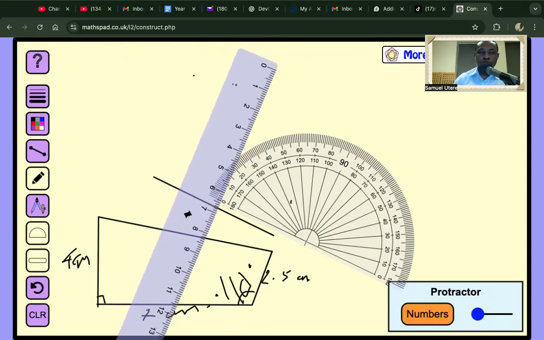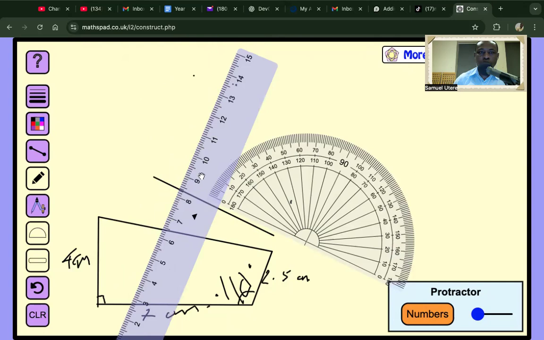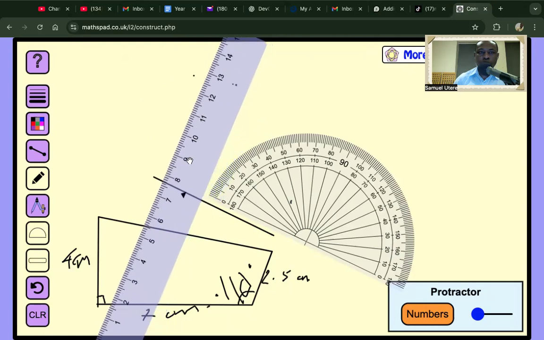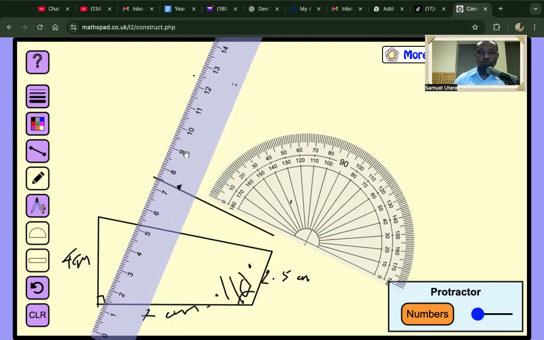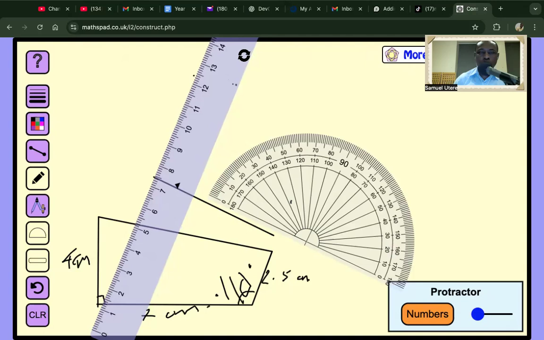All right. So you move. And then you want to draw 4.5 centimeter.